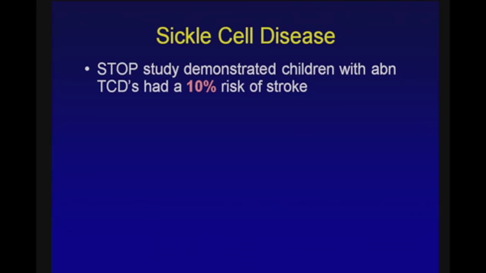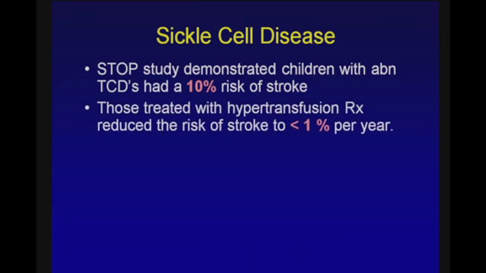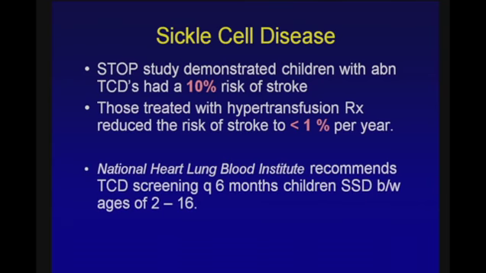The STOP study has demonstrated children that have abnormal TCDs had an abnormal risk of stroke of over 10%. With transfusion, stroke risk decreased to less than 1% per year. So there is now recommendations that we scan our sickle cell patients every 6 to 12 months.